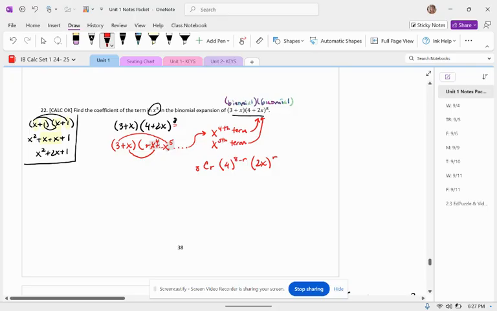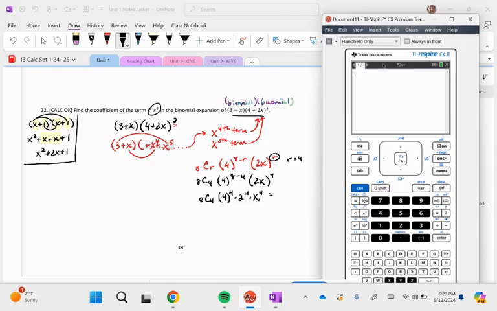Okay, so I'm going to erase the n here and it will become an 8. And then I'm thinking about my desired power here, which will be x to the fourth. So I am going to let r be 4 because it is the only one that is giving a power to the x. So I now have 8 choose 4 of 4 to the 8 minus 4 times (2x) to the fourth. And I now have 8 choose 4 times 4 to the fourth times 2 to the fourth times x to the fourth. So whatever that gets me, let's see.